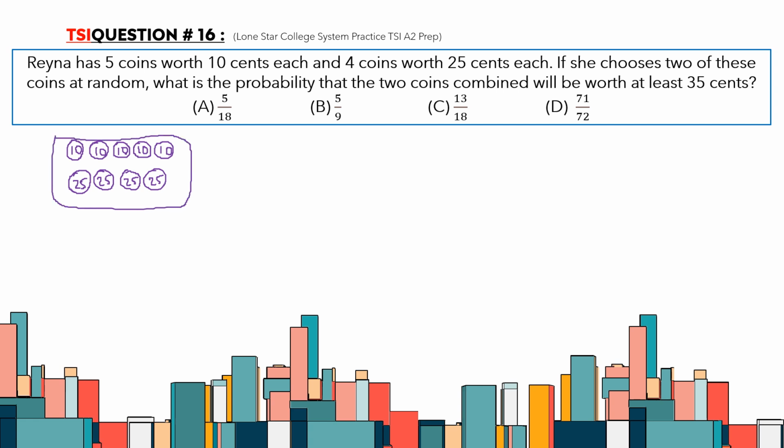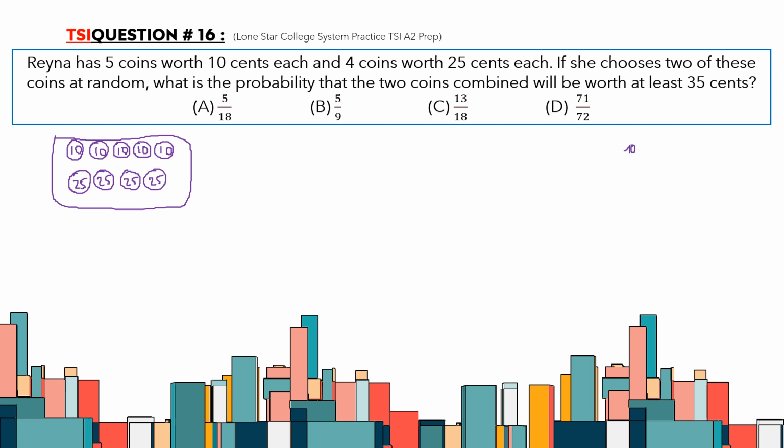If she chooses 2 of these coins at random, what is the probability that the 2 coins combined will be worth at least 35 cents? So we need to find the possible outcomes we can get.